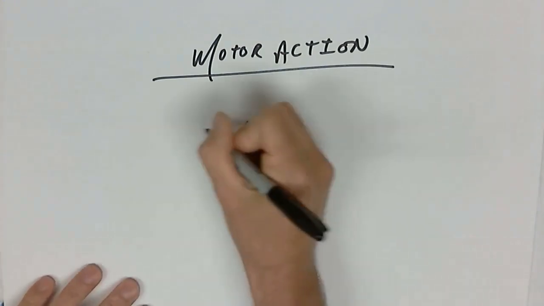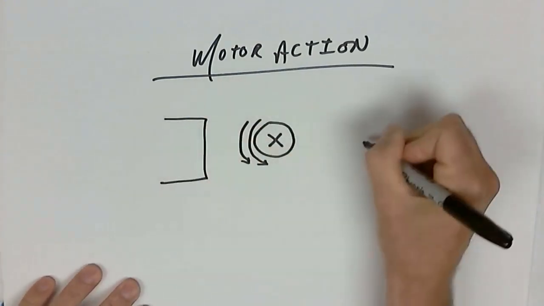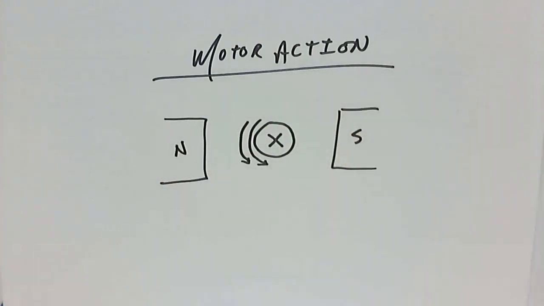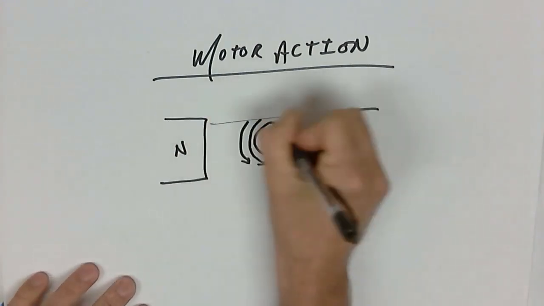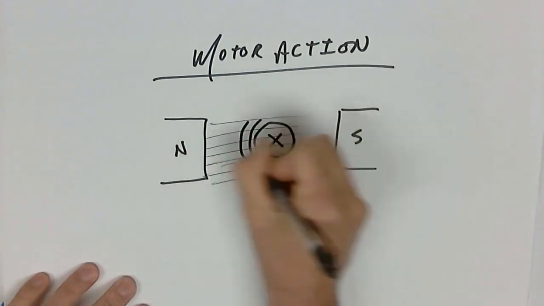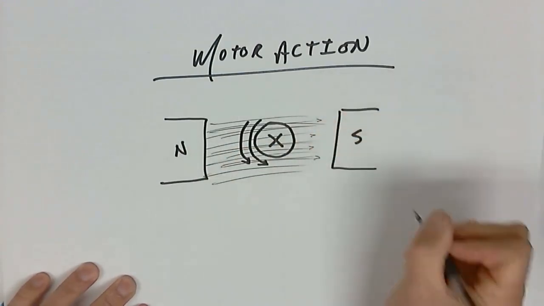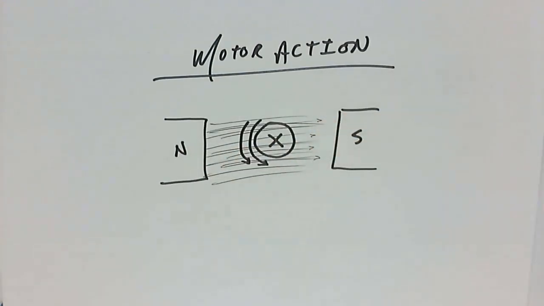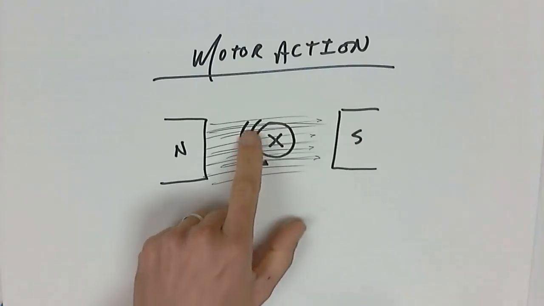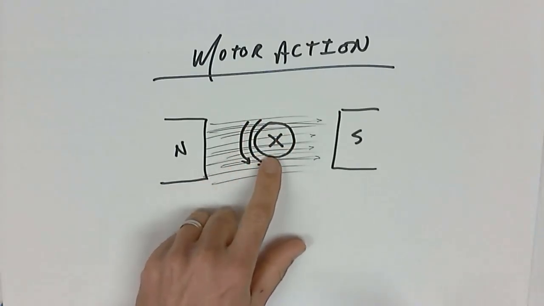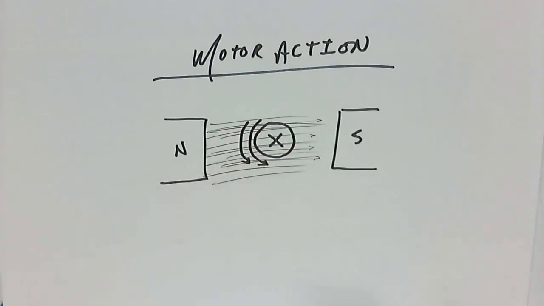Now, what happens when I place this energized conductor into a magnetic field is there is now going to be an interaction, right? And that interaction is between all of these magnetic flux lines that are all traveling north to south. And what will happen is, due to the EMF, or the electrical energy that is in this conductor causing these lines of flux, it will move the conductor.